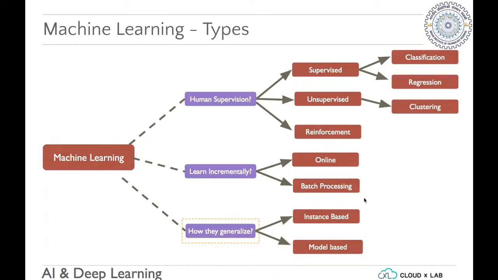It's a function of what kind of data we have, what kind of job requirement we have, and what kind of algorithm we are using. So learning incrementally, whether online or batch processing, is a function of three things: the requirement, the size of data, and the algorithm that we're going to use.